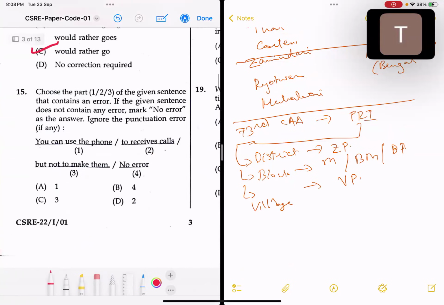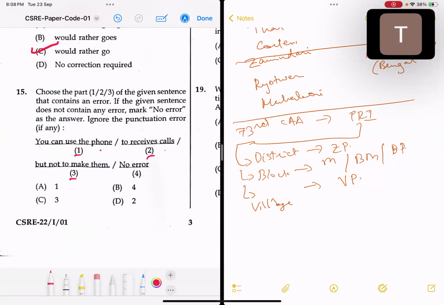Now let's come to question number 15, okay? Now here they have given a statement, a sentence, okay? And the sentence has been divided into 3 parts, first, second, and third parts. And we have to choose if there is an error in any part of this sentence, okay? And if there's no error, then we'll go for option number D. So you can use the phone to receive call.